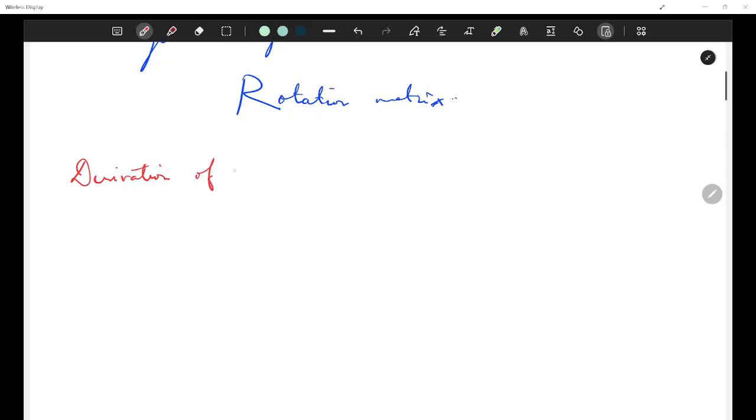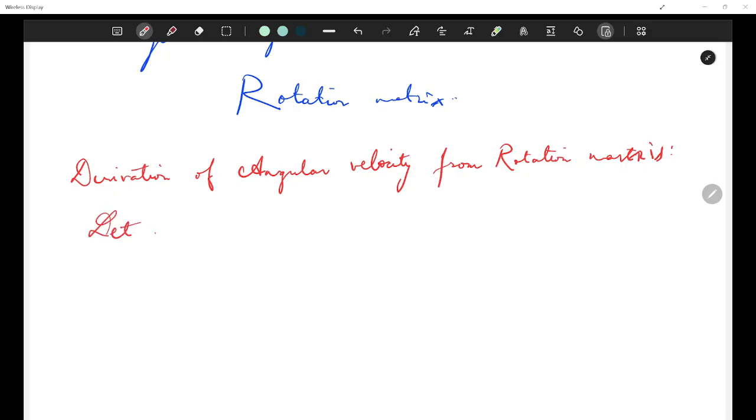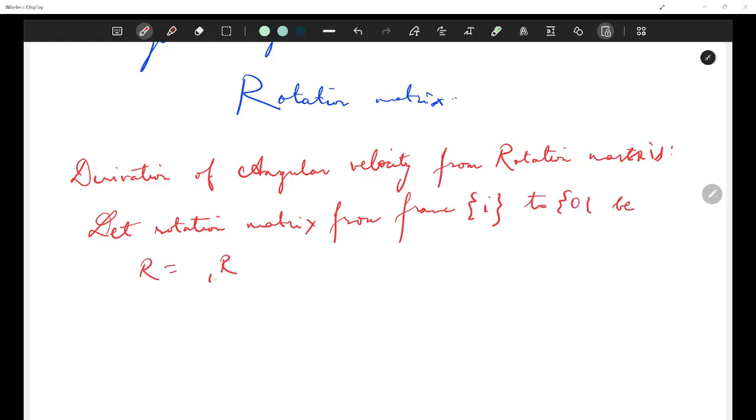Derivation of angular velocity from the rotation matrix. Let the rotation matrix from some link frame i to the origin frame be R_i⁰. It is with respect to the ith frame.